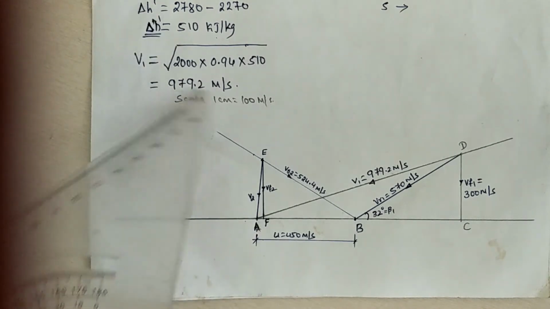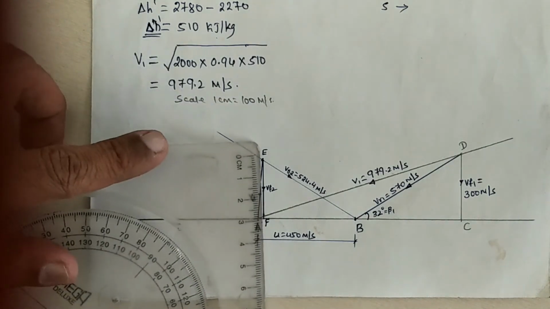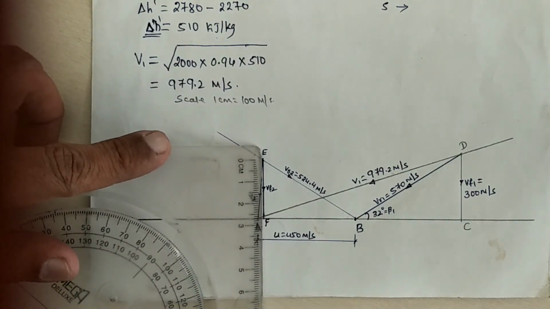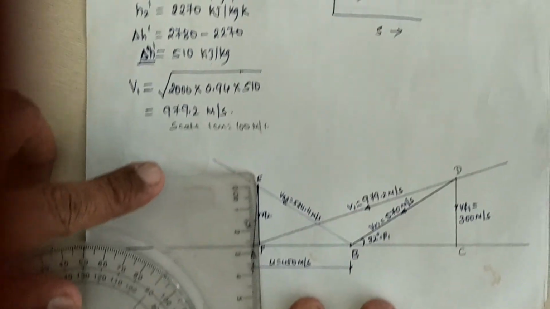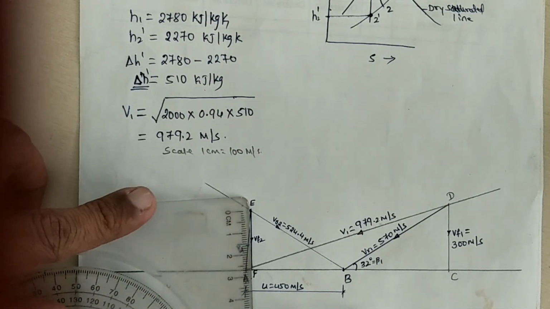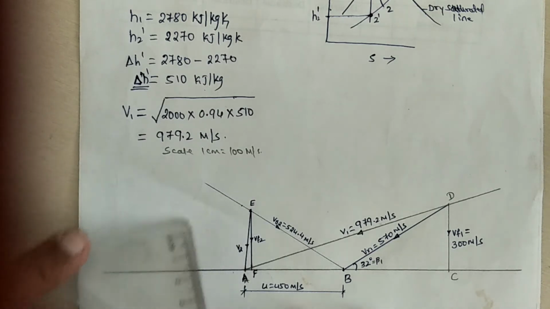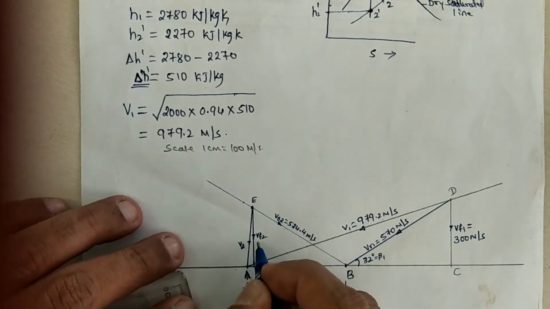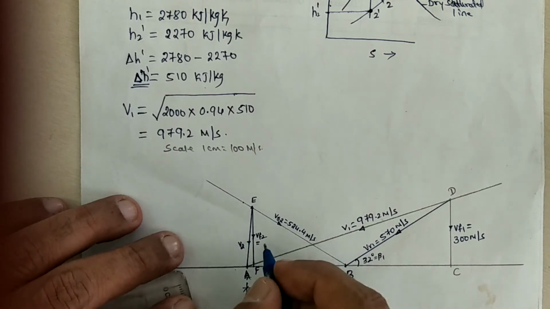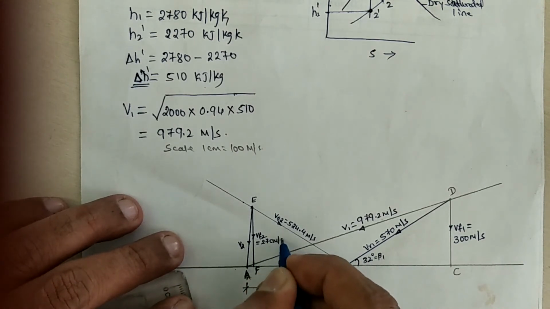Now I am going to measure the value of VF2. I am getting somewhere around 2.7 centimeters. 2.7 into 100, it is 270 meters per second.